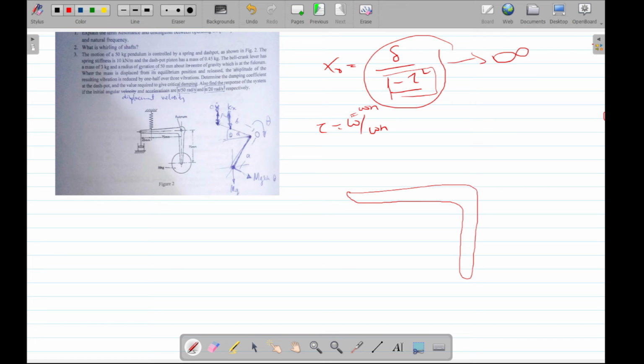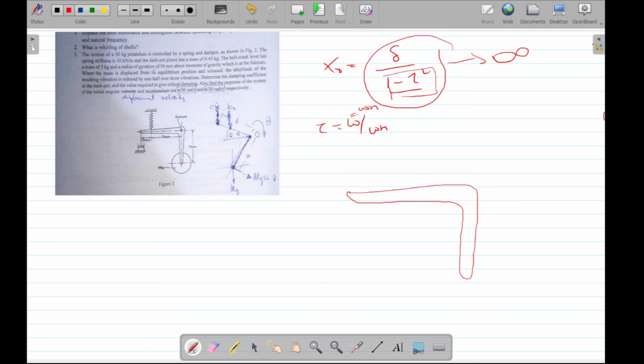The bell crank lever of mass 3 kilogram and radius of gyration 50 mm about its center of gravity, which is at the fulcrum. When the mass is displaced from its equilibrium position and released, the amplitude of resulting vibration is reduced by 1/2 over 3 vibrations, and we are supposed to determine the coefficient of the dashpot and the value required to give critical damping.